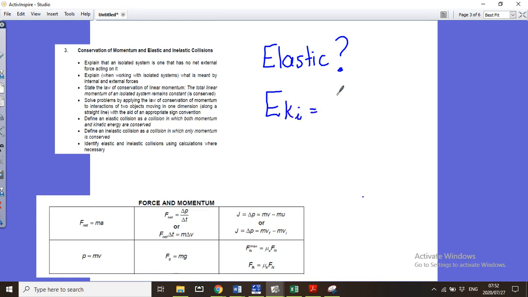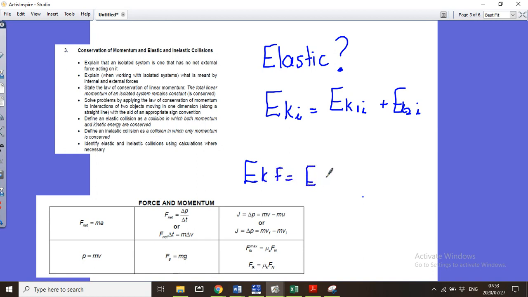And you add up all the EKs of everything that's moving. So it's going to be EK of object 1 initial plus EK of object 2 initial, and if there are 10 objects, you add up all their kinetic energies. So it's the total kinetic energy. And then you go and do the same for the final. You're going to say EK final, and you work it out.